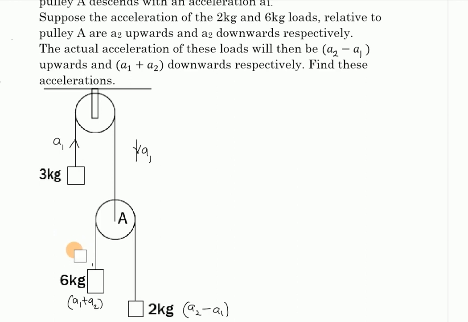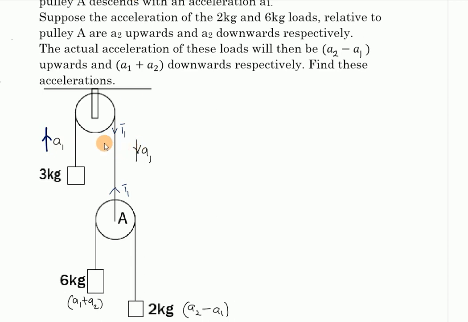And now they want us to find those accelerations. What is A1? What is A2? And we need to complete this diagram. There are some forces involved here. We can call this one T1. Acceleration is not supposed to be put in the string, I can just show it is there.